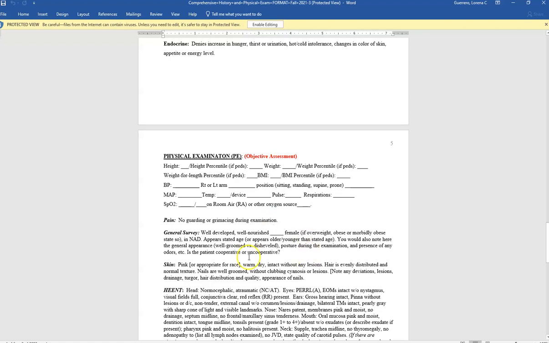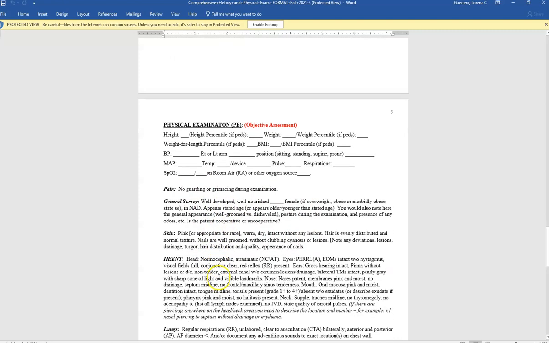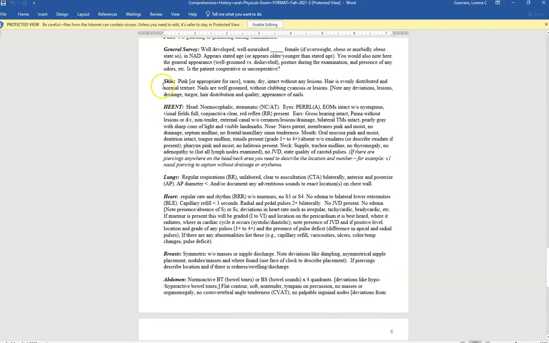I just want you to look at the things we've already covered, like skin. These are again like your within normal limits. Skin is pink, or they may say color is appropriate for race. Warm, dry, intact, without any lesions. The hair is evenly distributed and has normal texture. Nails are well groomed without clubbing, cyanosis, or any lesions.